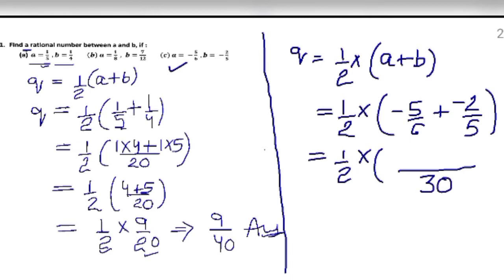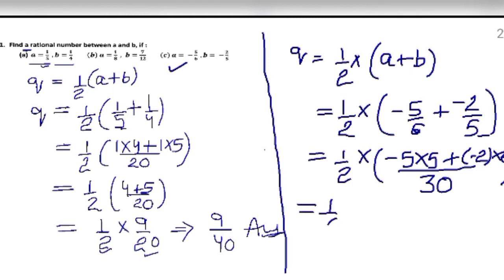To make 6 into 30 you will multiply it by 5. So multiply this numerator also by 5. Plus, to make 5 into 30 you will multiply it by 6, because 5 6s are 30. So multiply this numerator, which is minus 2, by 6. Close the bracket.